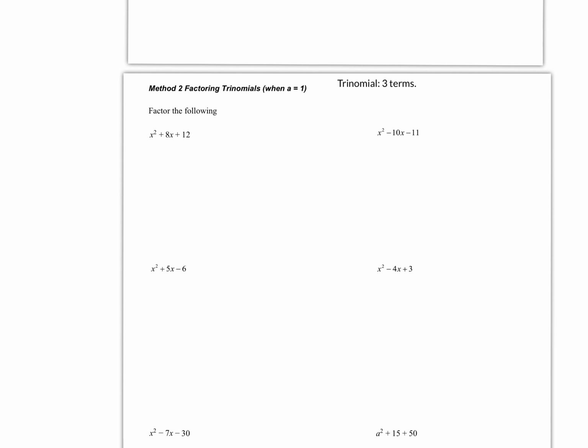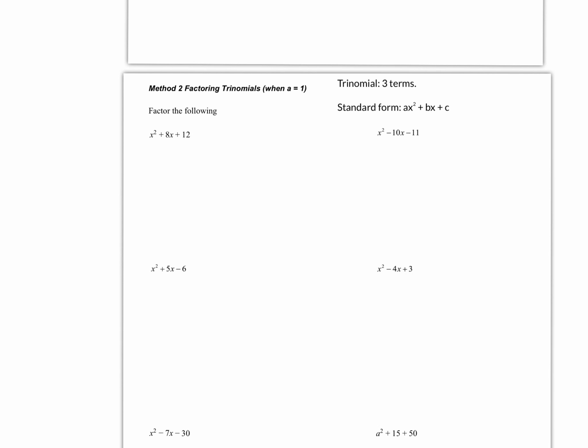Now, we're going to see these in standard form. So standard form will look like ax squared plus bx plus c, where a, b, and c are all just values.